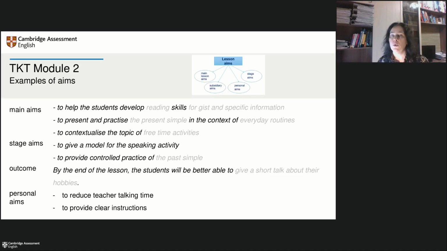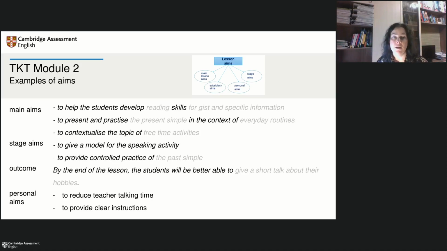And quite often, at CELTA level, we require this for sure, to mention the context of your lesson, so that we can see the connection of the items you want them to practice to the presentation and other stages of the lesson. So to contextualize the topic is very important. It might be a separate aim, or it can be one big aim for the whole lesson.